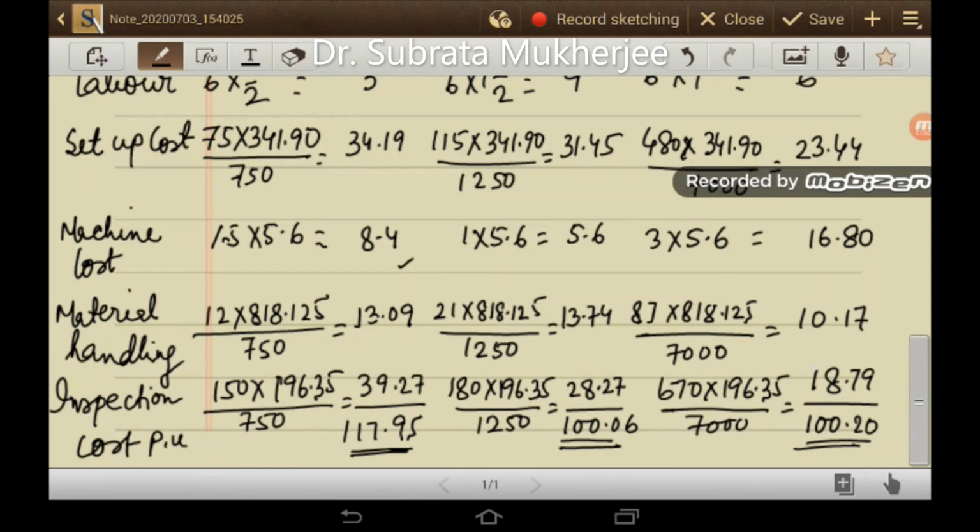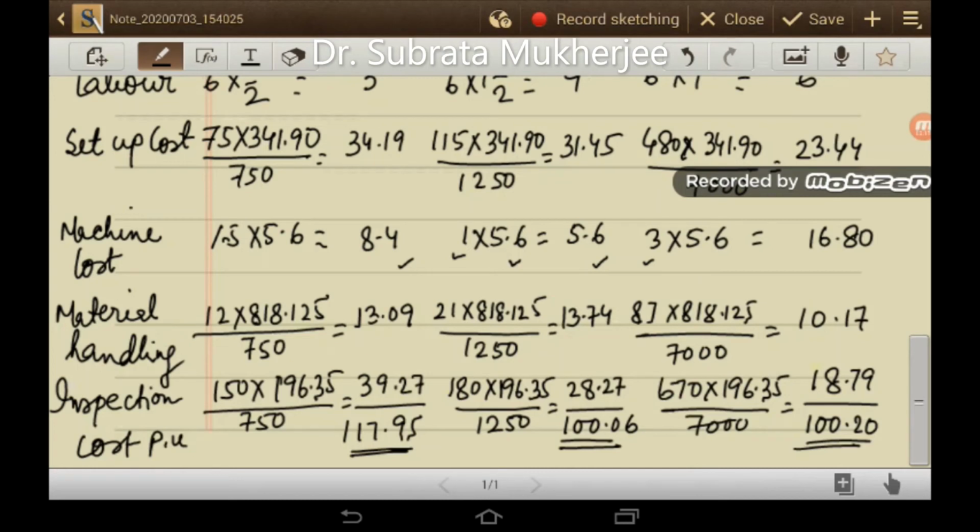Machine cost per unit of Y is 5.6 because 1 machine hour is required per unit of Y, and 5.6 is the machine hour rate. Similarly, for product Z, 3 machine hour is required. 5.60 is the machine hour rate, so 16.80 per unit machine cost is required for product Z.